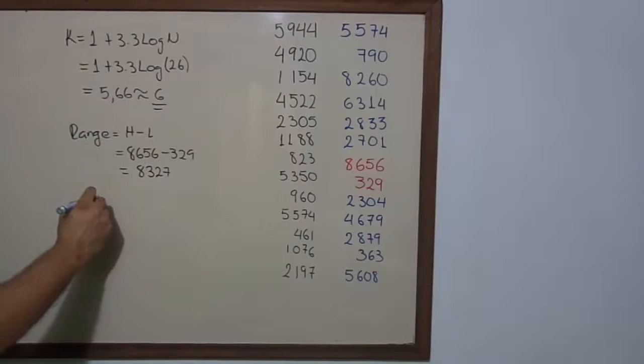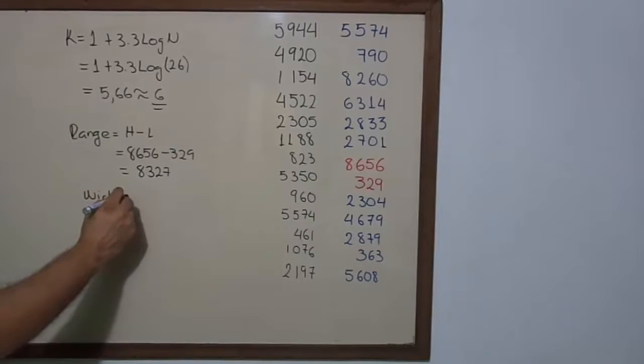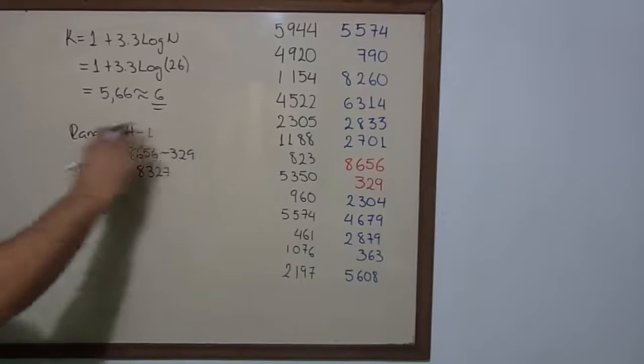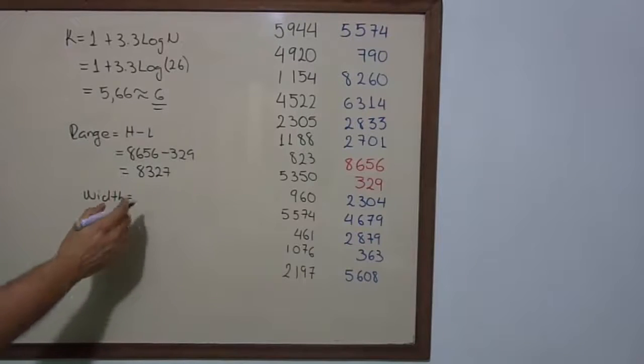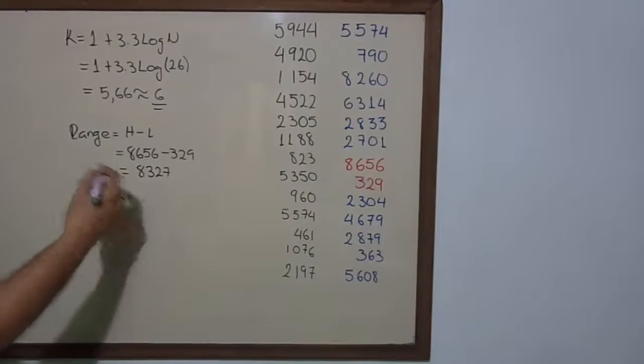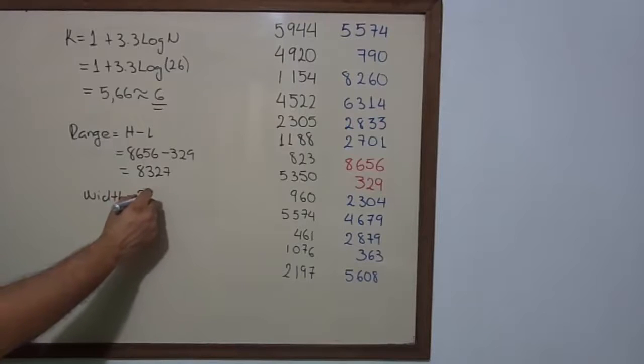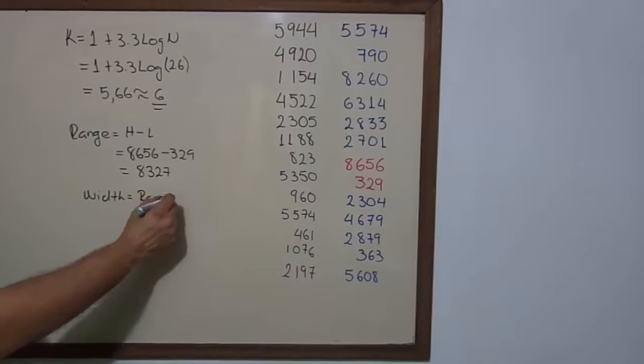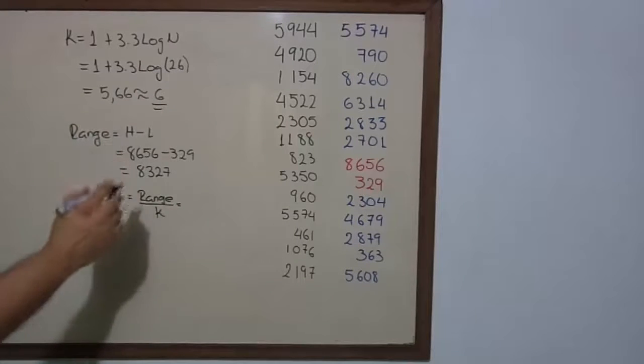With this, we need to find the width of every class. The width of a class, or the interval width, is found by taking the range and dividing it by k, which is the number of intervals, right?